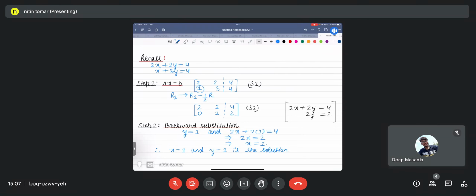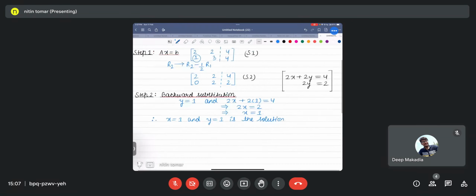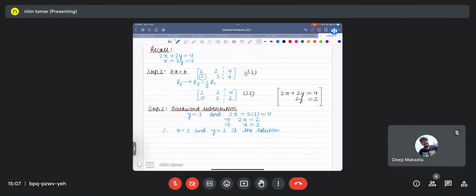I will tell you why it happens. Roughly speaking, when you convert one system to another, the system does not lose the solution that it had at the very first step, and it is precisely because whenever you are adding and subtracting, your final answer does not change.